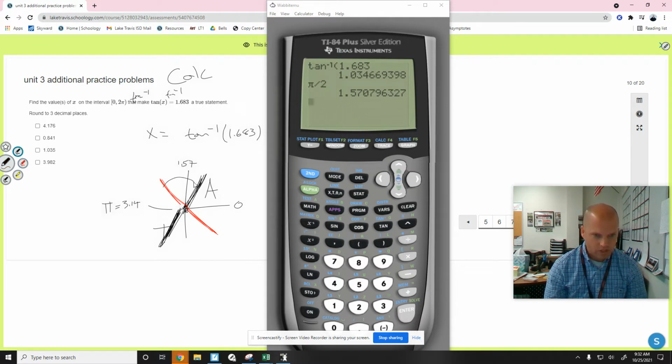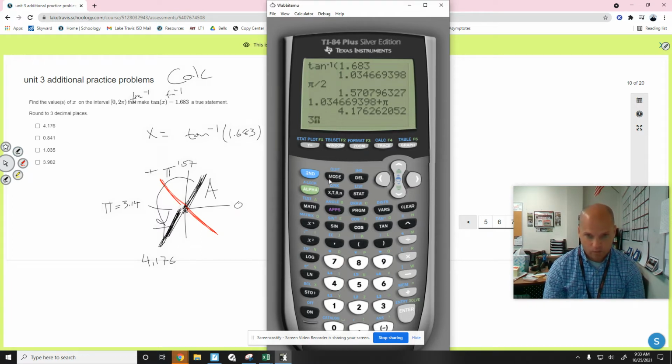It's always going to be a pi distance away. So I could take this solution, add pi to it, and get another solution, 4.176. I know this is in the third quadrant because that's where tangent's going to be positive.